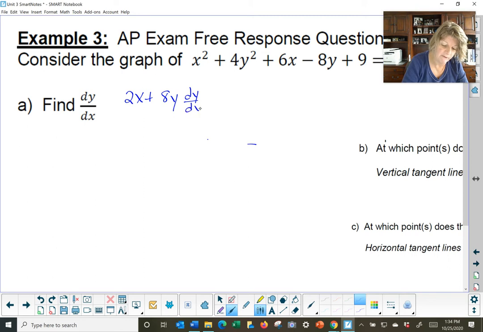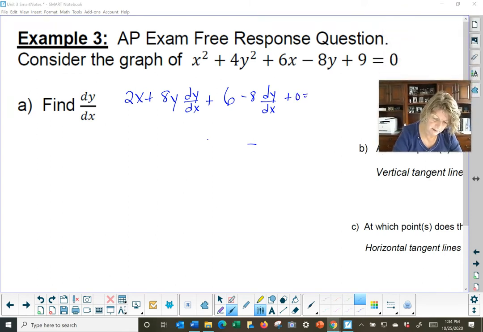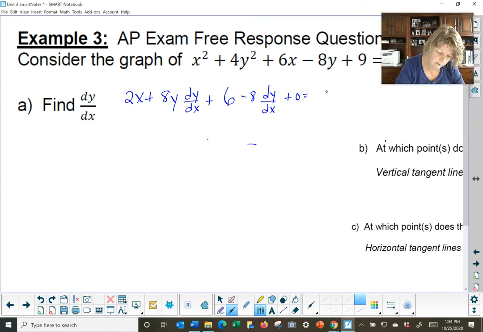Anytime my variable is different than the bottom dx, I've got to have that differential statement. And then derivative of 6x is 6, minus 8 dy/dx, derivative of y. Plus 0 equals, I think this was a 0, yep, equals 0.